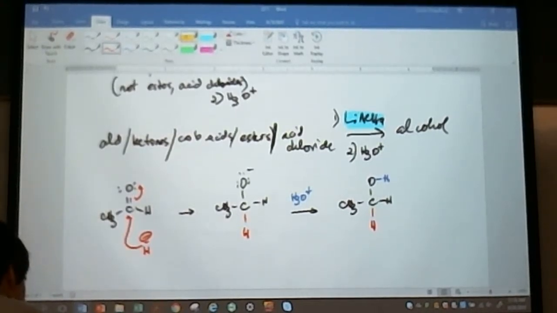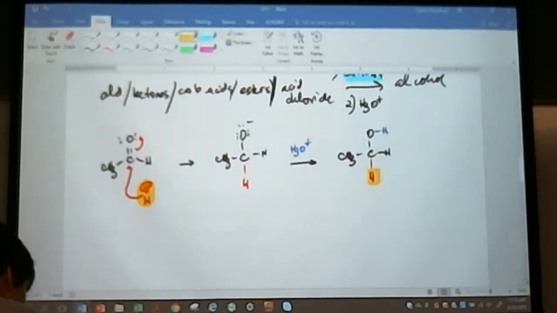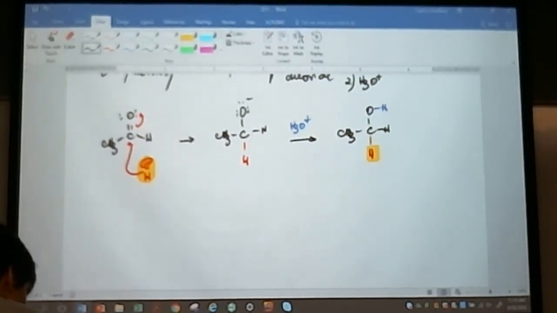So we're adding 1 hydrogen, 1 hydrogen here, the other one's coming from the water. This would be true for ketones as well.